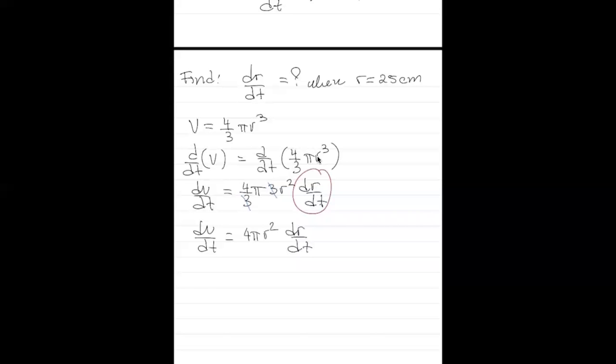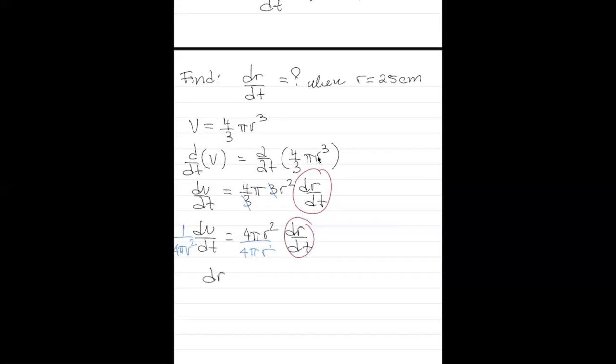We want to solve for dr/dt. So we're going to divide both sides by 4 pi r squared, or multiply by the reciprocal. So now we can solve for dr/dt.